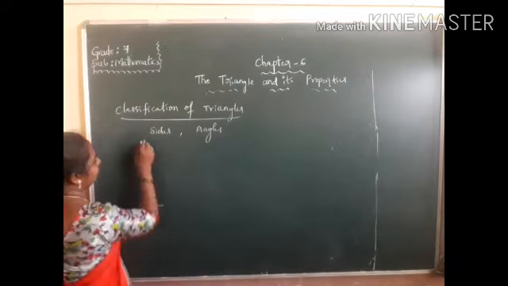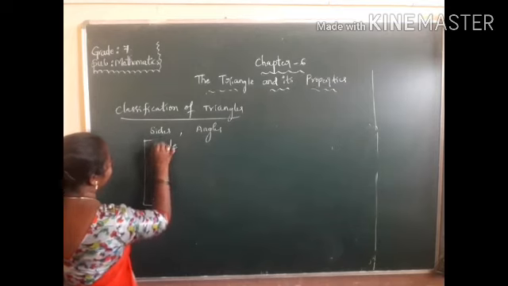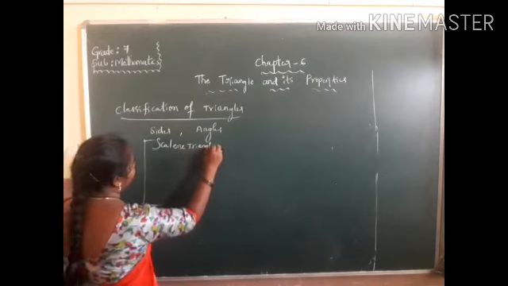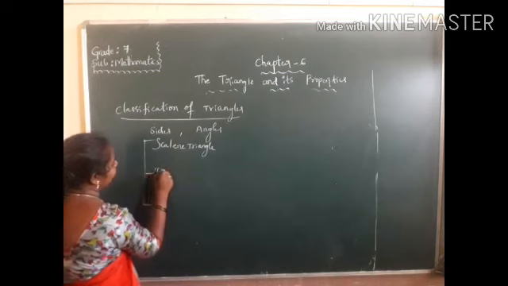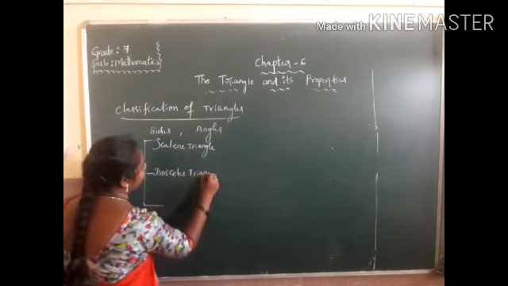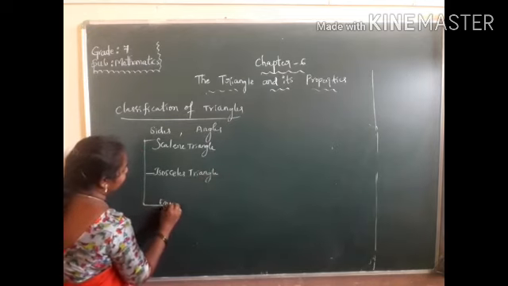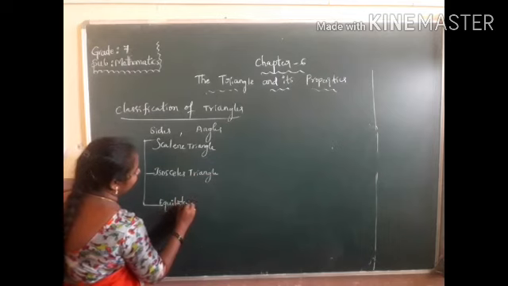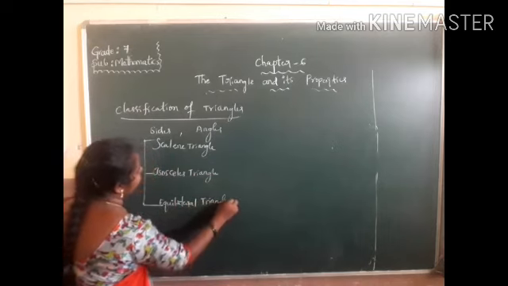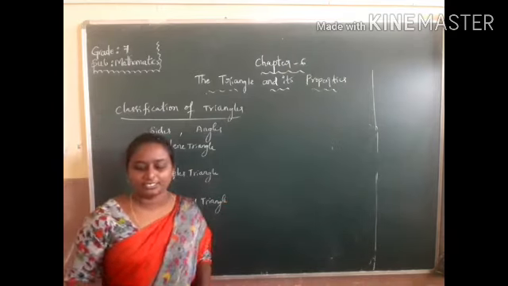That is scalene triangle, the second one is isosceles triangle, and the third is equilateral triangle. Based on sides, we have three types of triangles.